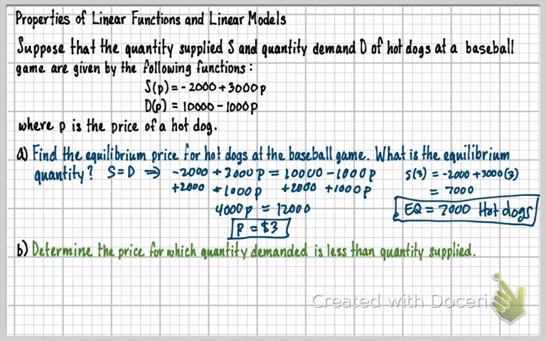Part B says, determine the price for which the quantity demanded is less than the quantity supplied. Quantity demanded is less than the quantity supplied.